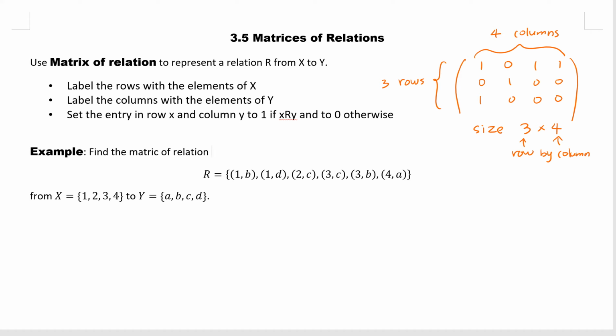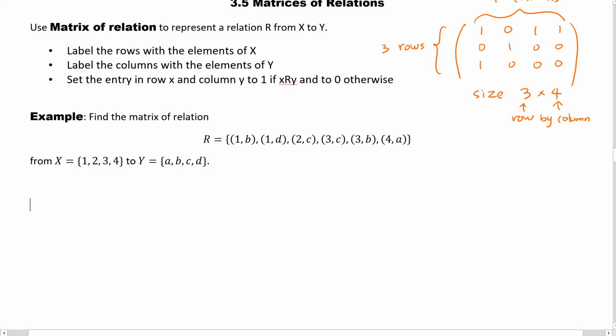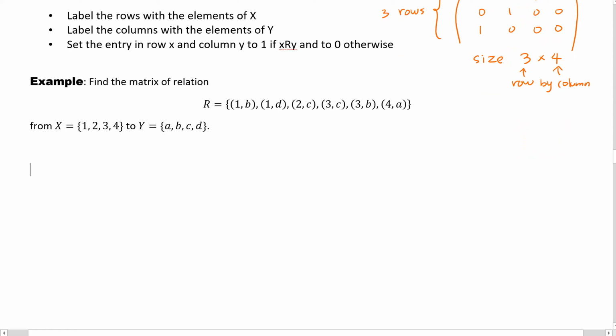Okay, so let's look at the example. We want to find the matrix of the relation R equals {1b, 1d, 2c, 3c, 3b, 4a} from X equals {1, 2, 3, 4} to Y equals {a, b, c, d}.